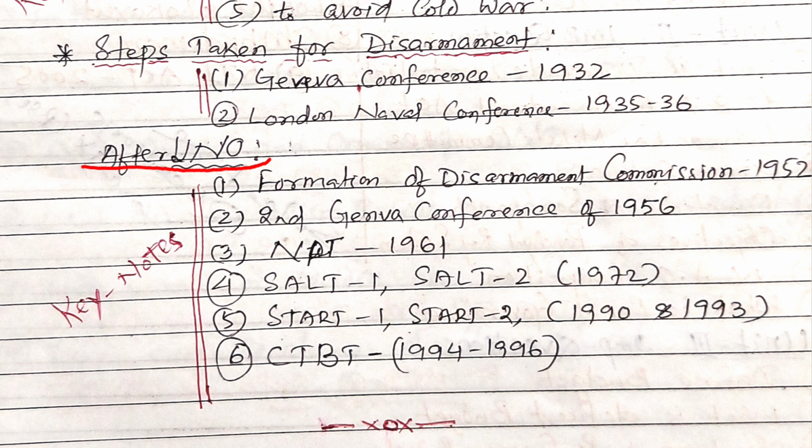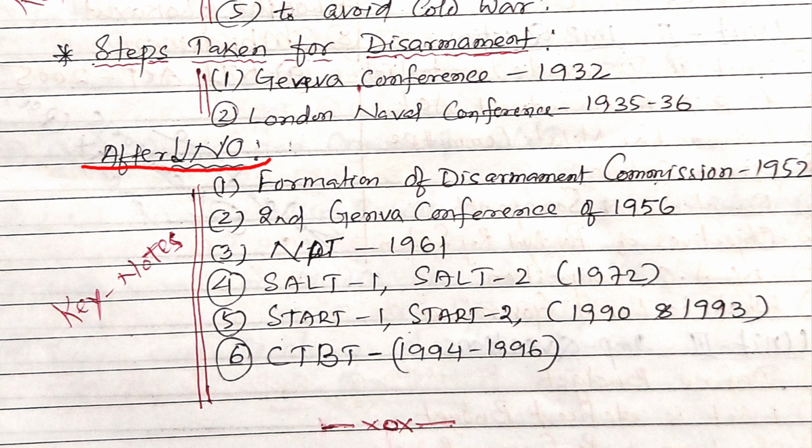Similarly, afterwards, START was started. START 1 was signed in 1991, and then START 2 was signed on 3rd January 1993. In START 2, the Russian president and American president decided to stop or reduce the stock of nuclear weapons.